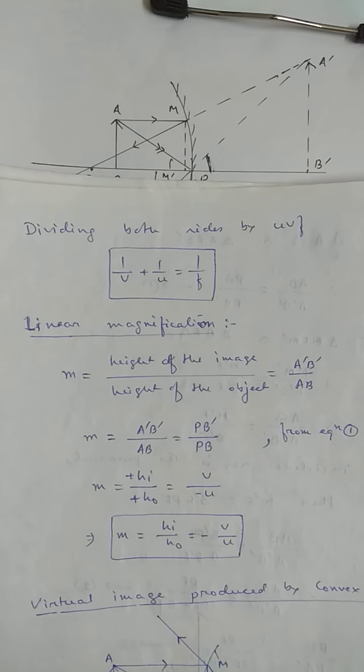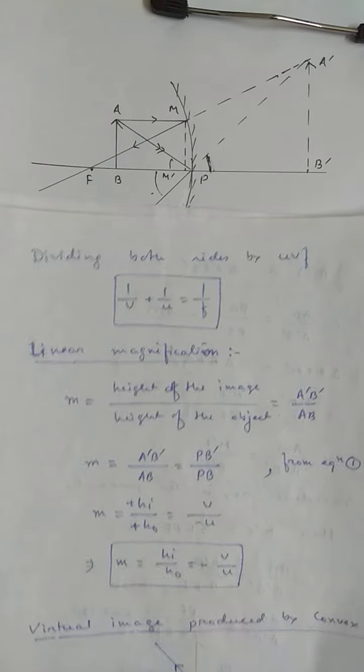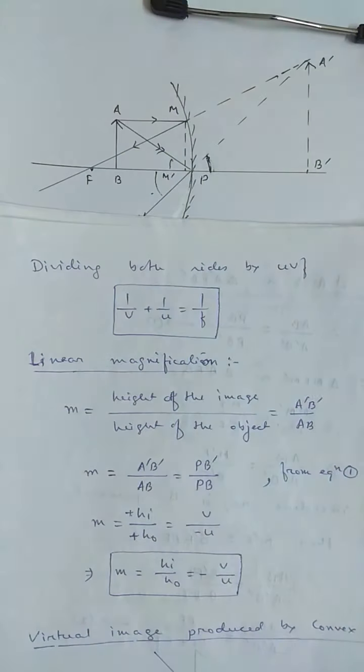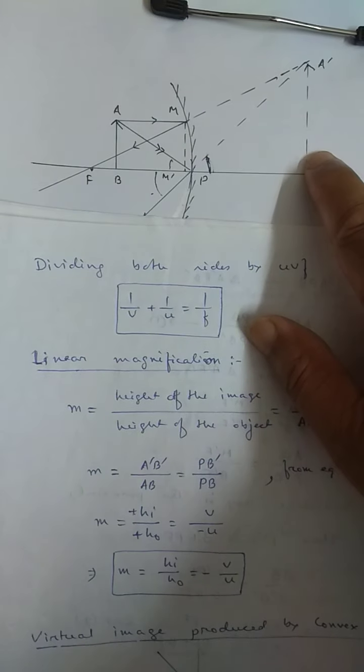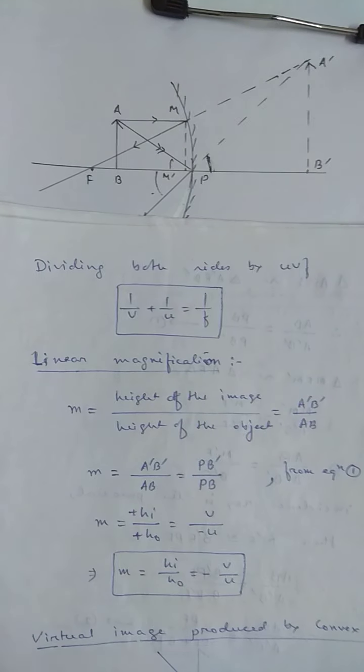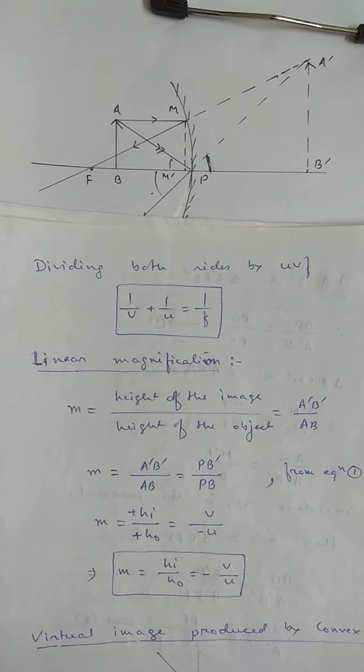We already know that when the object lies between the focus and the pole, it gives a magnified, erect and virtual image. When the image is virtual, it is always behind the mirror.